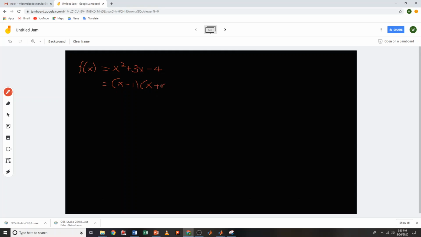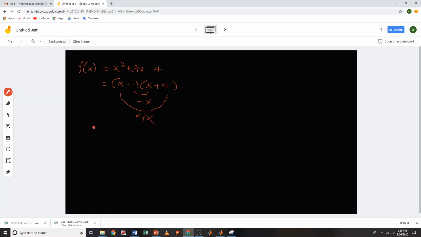Okay. So if we check, this is negative x and this one is 4x. If we add these, this results in 3x. So this is correct.